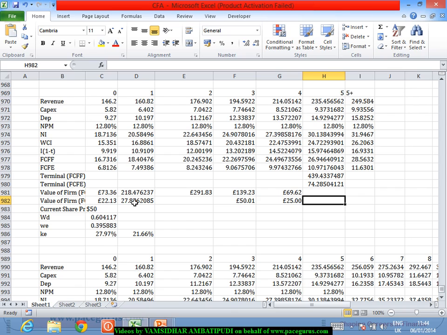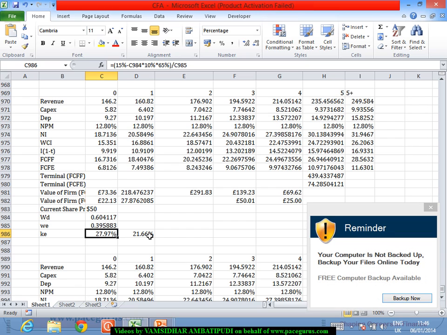and based on this the share price comes out to only $25. Here the problem is, if the interest is increasing but the debt is not changing, the cost of debt is actually going up, right? So the cost of equity cannot be constant for all these 5 years.